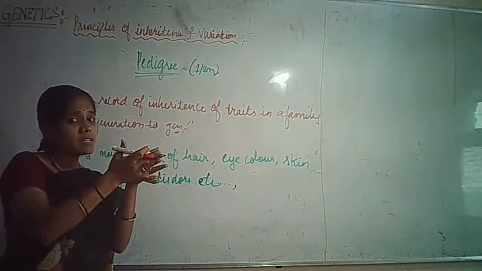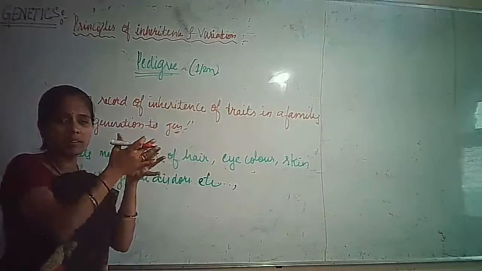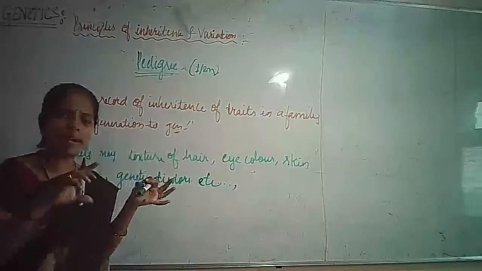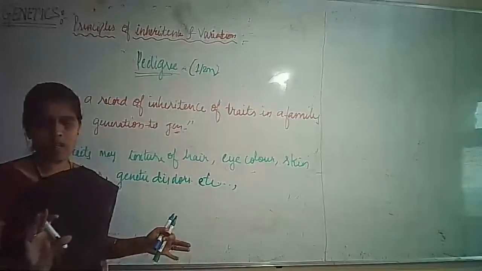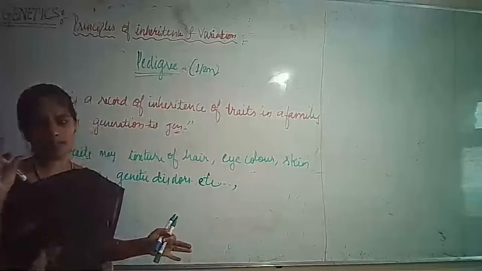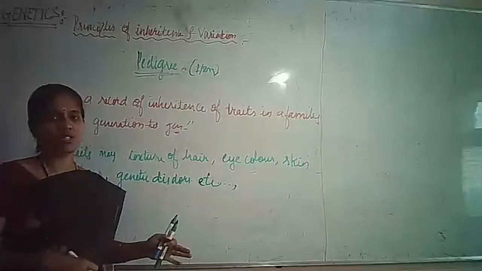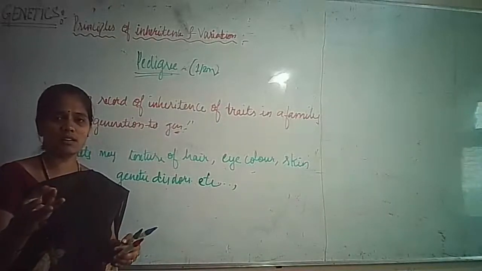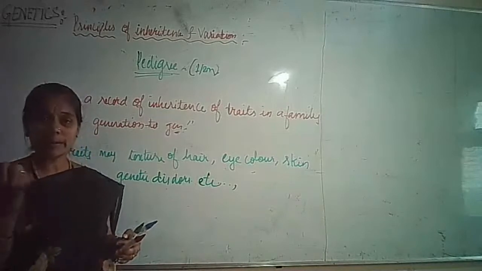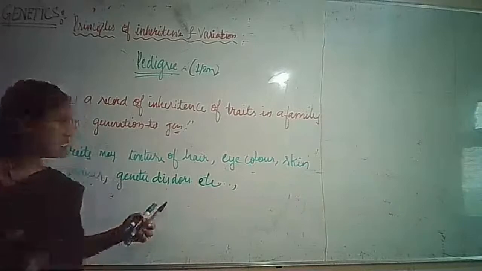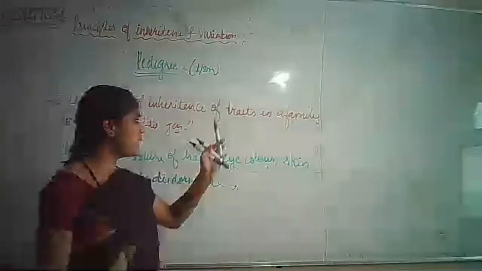For example, if you go to the American countries, you will have both white and black. The melanin pigment will not be there, so they are showing completely white. In our India, you find greenish color, dark color, completely fair, pinkish color, different skin colors. That is also because of the expression of the trait.